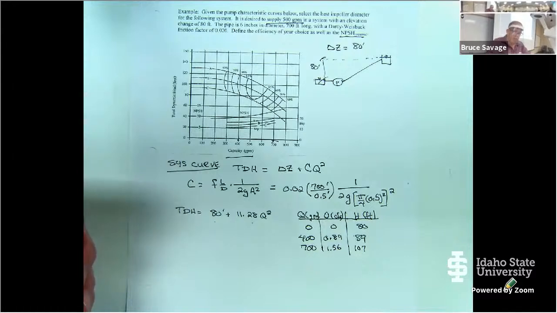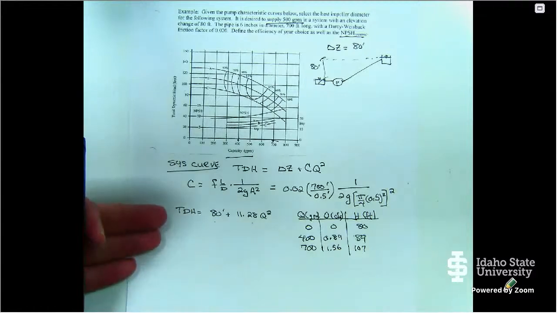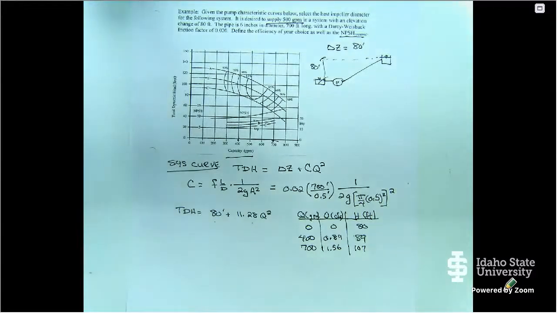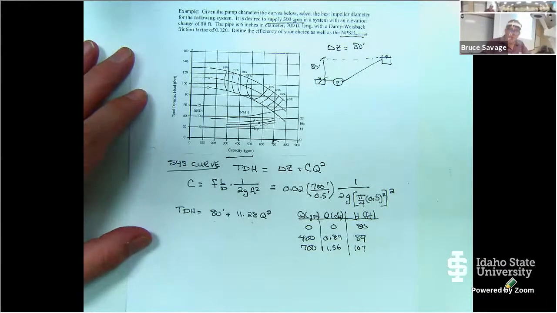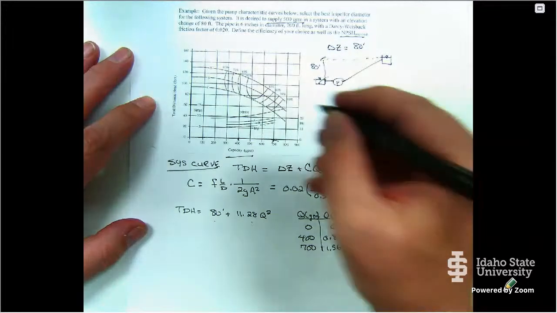Let me just check one of my values here. I'm not sure if I quite got that right. Okay, yeah, we're good. Okay, so now I can come over here and plot those values. So I'm going to come up to 80.